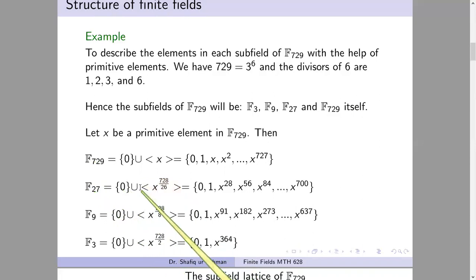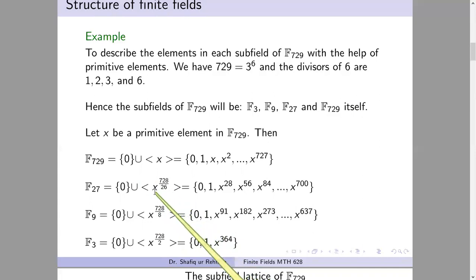It must have some generator, and first we check what the order of this part should be. The total order is 27, 0 is separate, so this group must have order 26. That means we have to generate a subgroup of order 26.